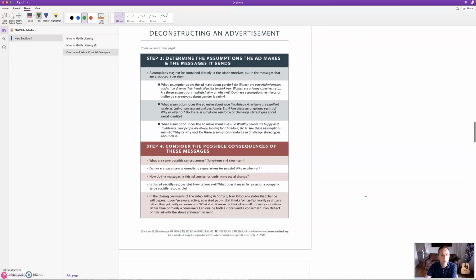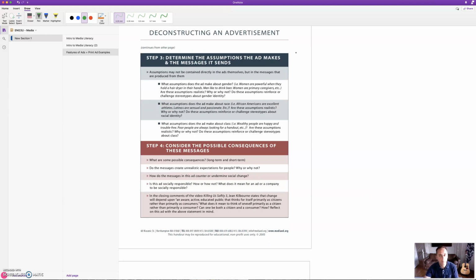All right, step 3 is getting into now the ideology, the messaging and the assumptions. So this is going to help you get deeper into the ideology. Now, there may be assumptions that are not direct in the ad, but the messages that are produced from those assumptions are direct.